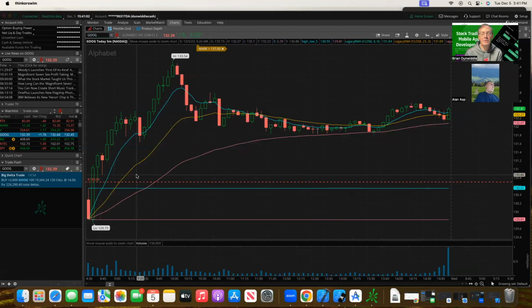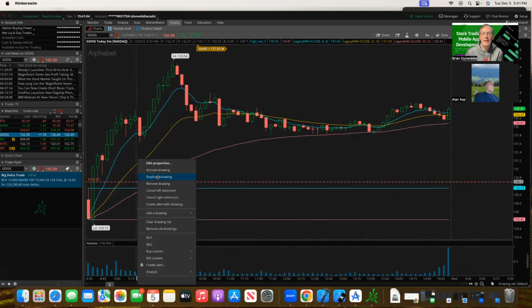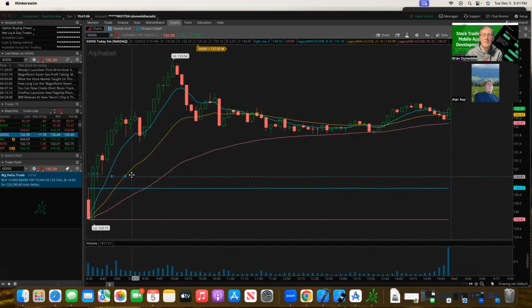Next 5 minute candle, I got to activate this. This becomes your stop. Okay. And if you notice, you're basically putting your stop at the low of the next 5 minute candle.